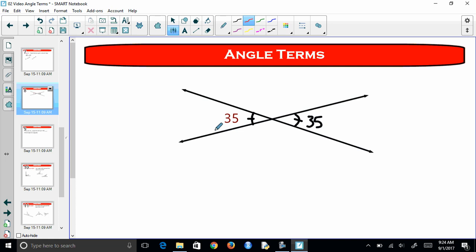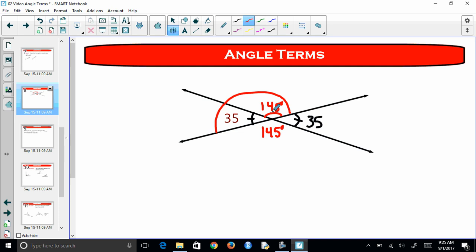Also, if I start at a line and I go around halfway of a circle, this is 180 degrees. So if I want to find this angle here, I take 180 minus 35, and that would be 145 degrees. And now this angle and the angle across from it would be the same.